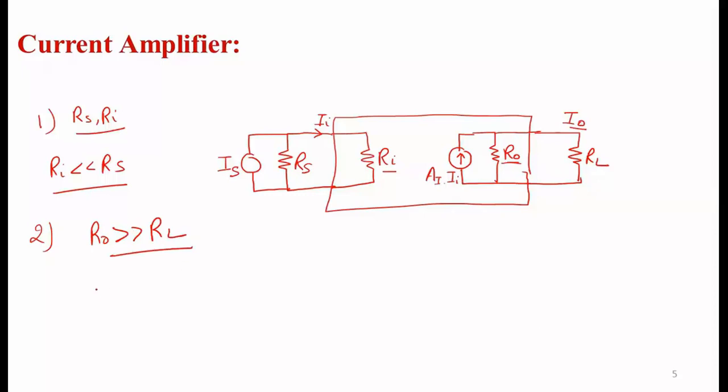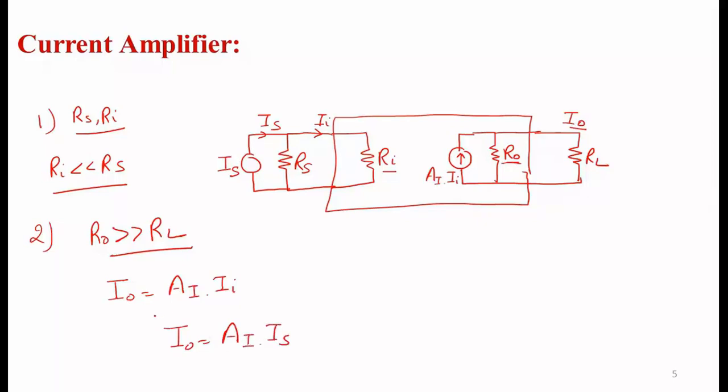With these conditions, I naught is equal to AI into II, where II is equal to IS when Ri is much less than Rs. So I naught is equal to AI into IS.